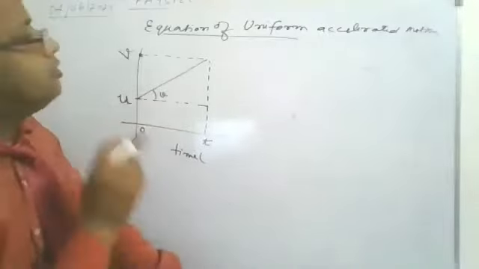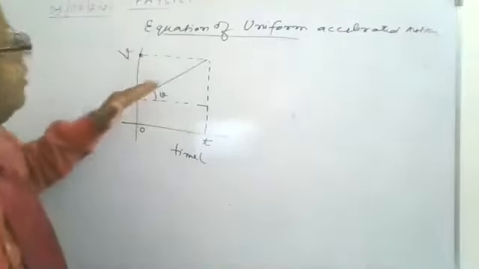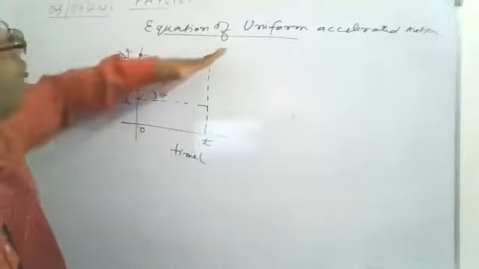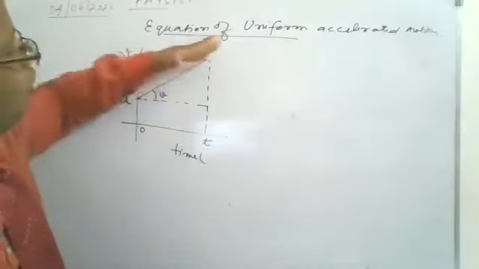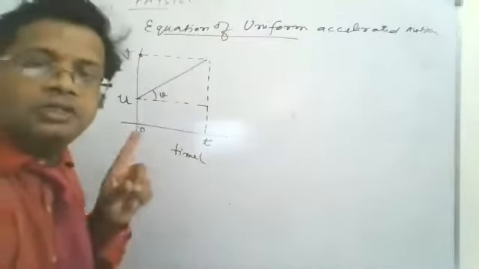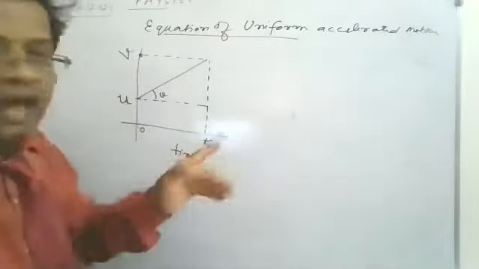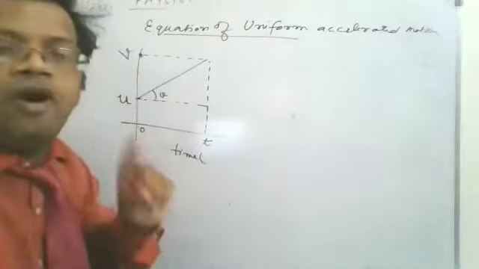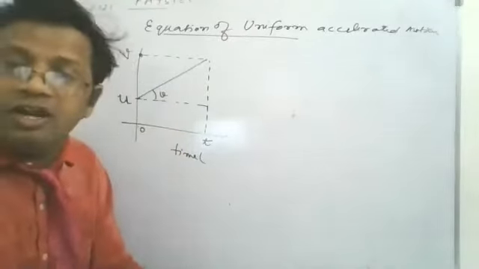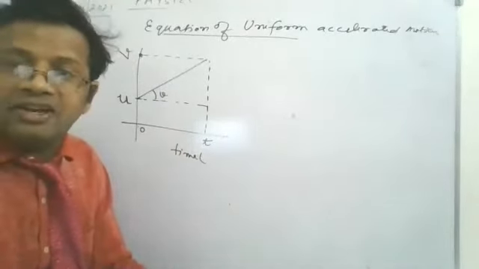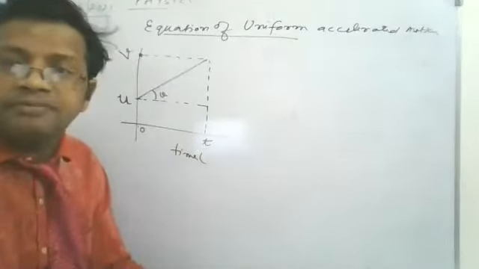Now see here, since the graph is a continuous graph having constant slope, the angle is not varying. So velocity versus time, the acceleration is called uniform acceleration.